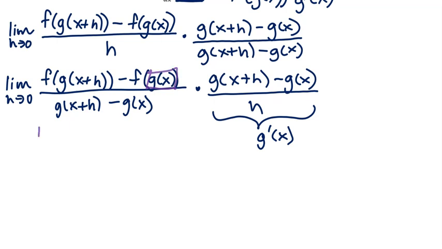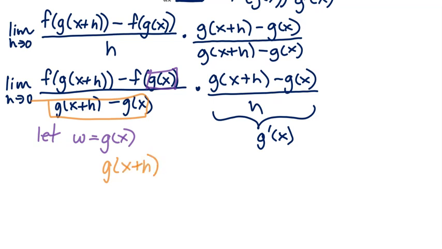So I'm going to start by replacing g of x with a w. And I also want to hide that really messy denominator. So I'm going to replace g of x plus h minus g of x with a k. And I really also want this g of x plus h piece right here to go away. I want to hide all the g of x pieces.